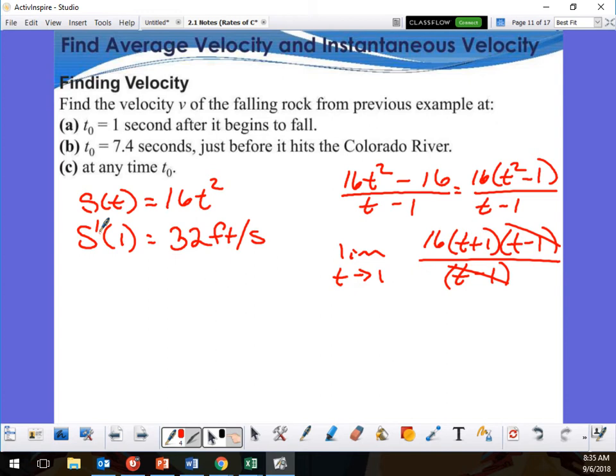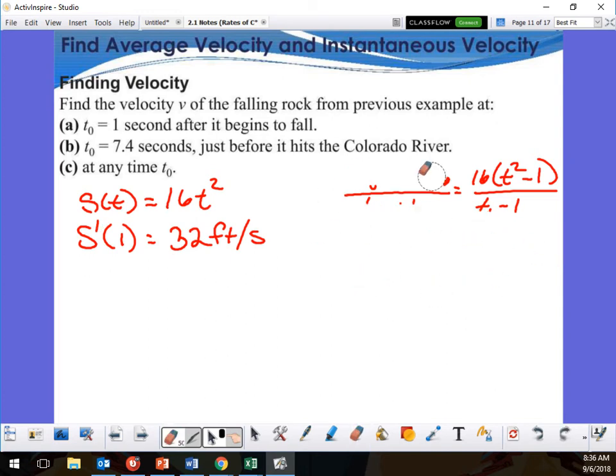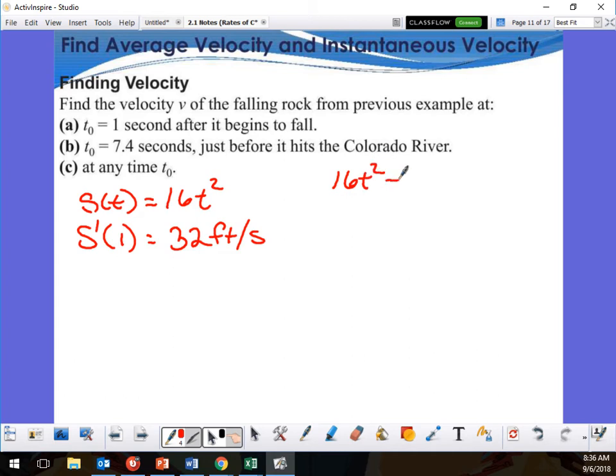Okay, so now at the next one, just before it hits the river, you guys are going to need calculators to do the happy math on this one. It's the same thing. So t sub naught, it's going to be 16t squared minus 16 times 7.4 squared over t minus 7.4.